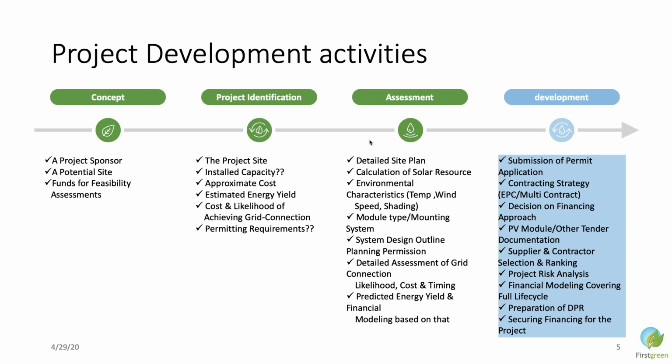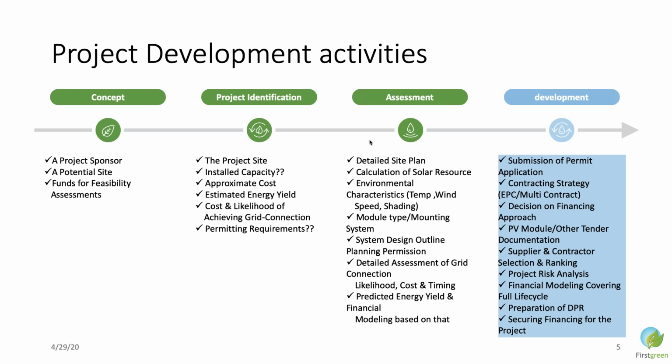So this phase requires submission of permit applications. You have to finalize your EPC contract. You have to finalize your module suppliers. You have to finalize your grid connection agreements. You also have to finalize the third party conducting the yield assessment studies, environmental impact assessment, or transmission route survey.